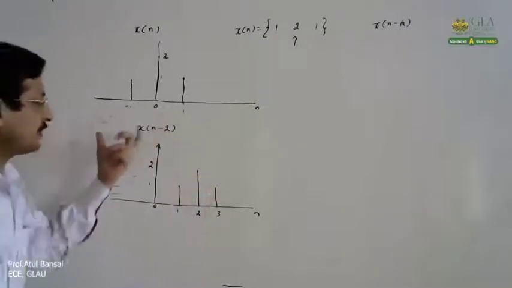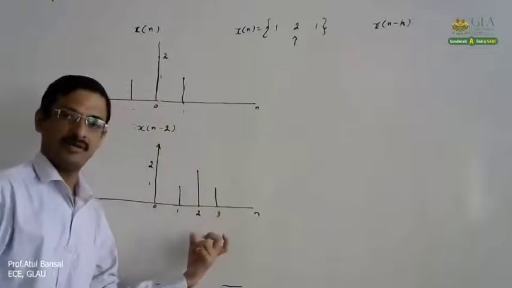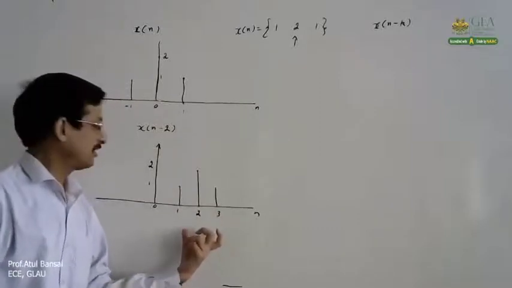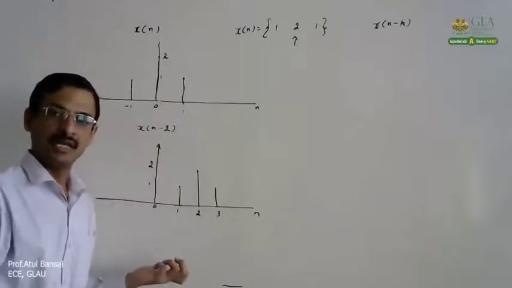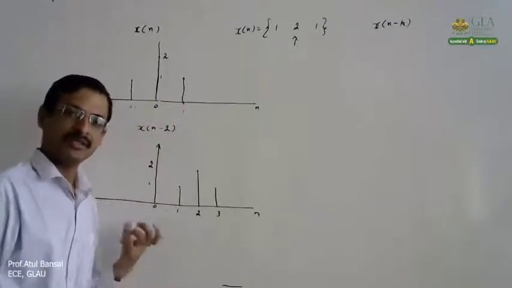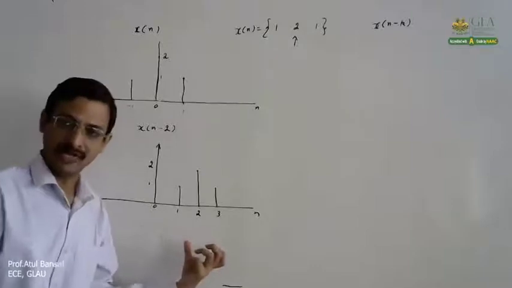These three spikes have been shifted to the right hand side and the signal gets delayed. The shape again remains the same, the magnitude again remains the same, like in continuous time. The only difference is that it gets shifted in time.